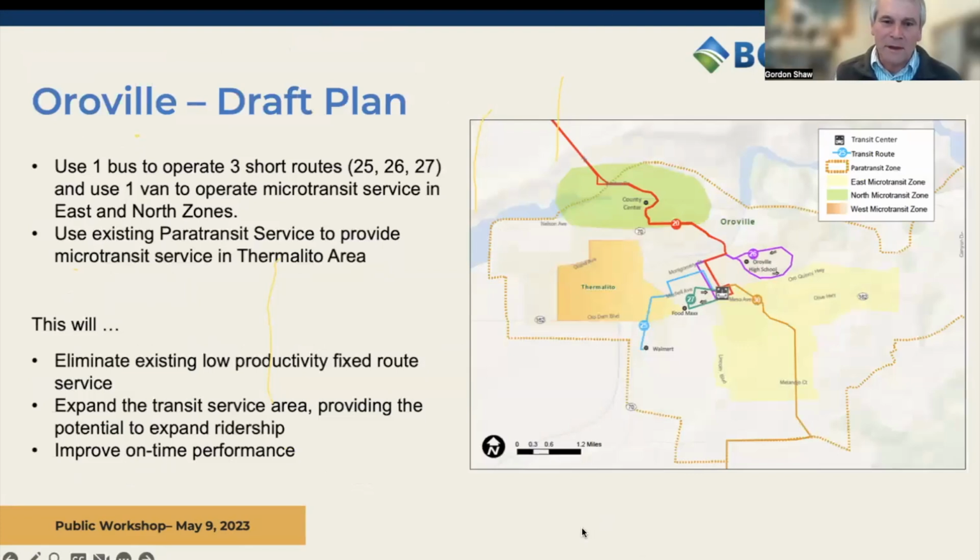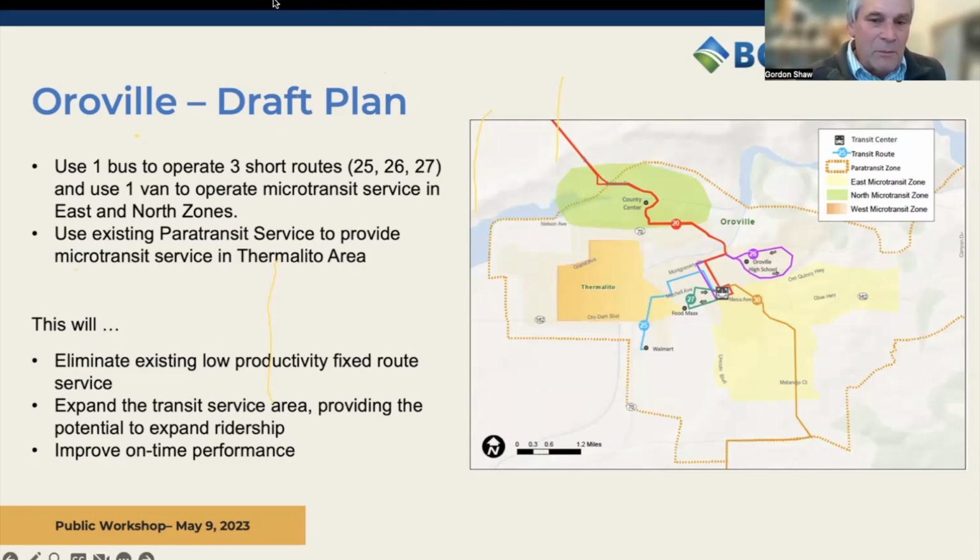Okay, good. Now we're heading south. Now we are. And you can see a map there of what we are proposing for Oroville. As I mentioned, we have 2 vehicles that are operating in Oroville now. And the ridership overall doesn't warrant expanding that, but we've come up with a plan that we think is a better use of those 2 vehicles.